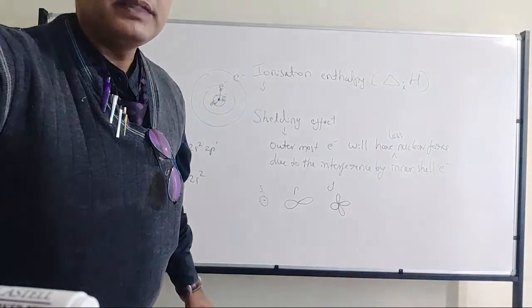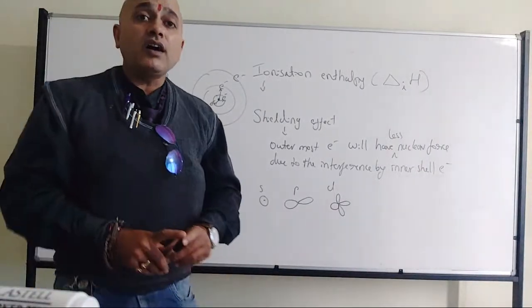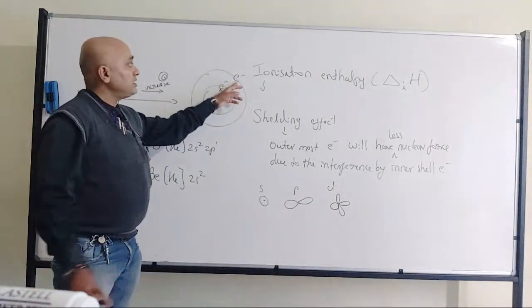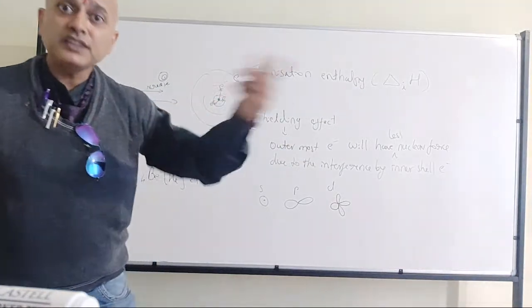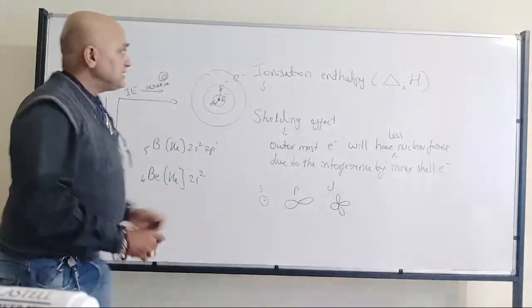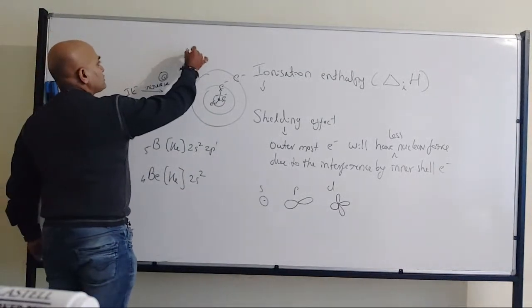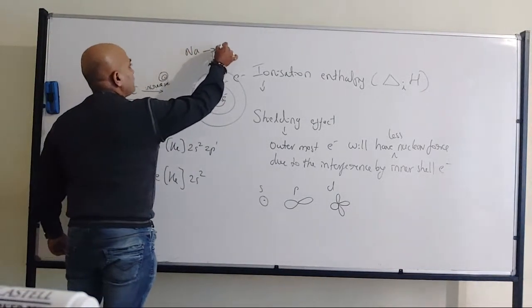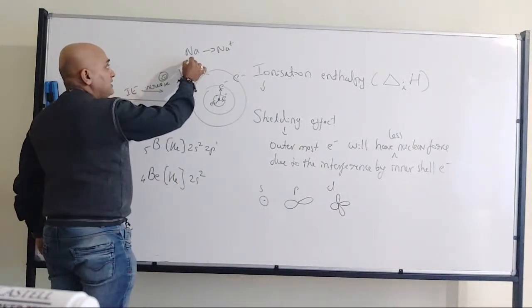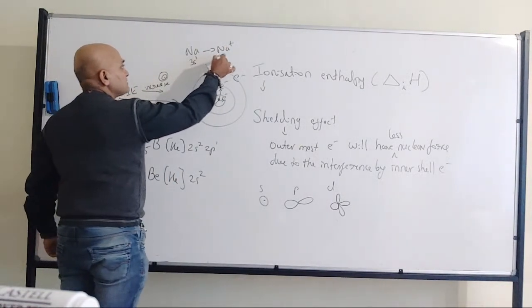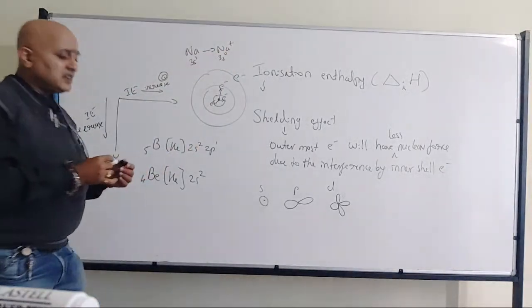Got my point? And why are we focusing on the outer electron? Because they are the ones involved in the interaction. They are the ones which will be donated. For example, when I am talking about sodium getting converted into Na+, it is the 3s1 which has become 0, not the inner shell electrons.